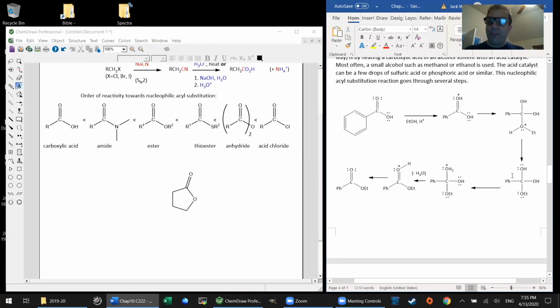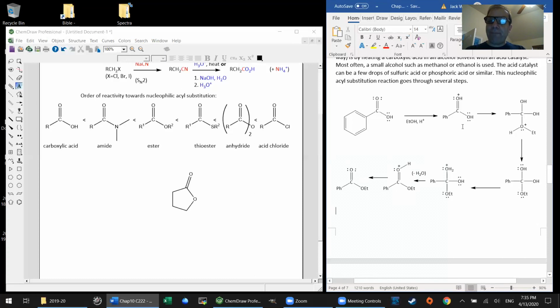And so then you get this neutral intermediate, and then a molecule of the conjugate acid of ethanol, which you're going to have some of, will now put the proton on one of these OH groups so that now neutral water can leave as the leaving group. And so water will then leave and will generate what is actually just our protonated ester. And so all we need now is for an ethanol molecule to pull this proton off and give us our neutral molecule that we can isolate.